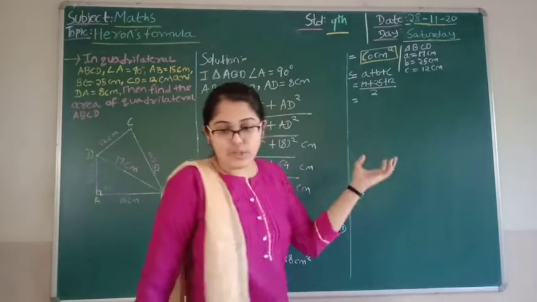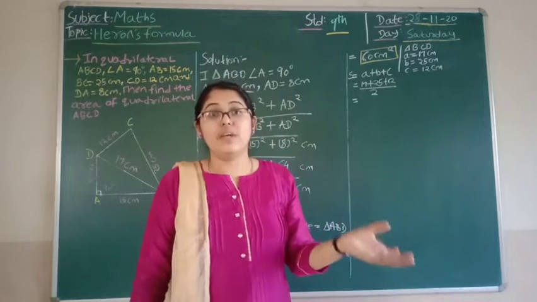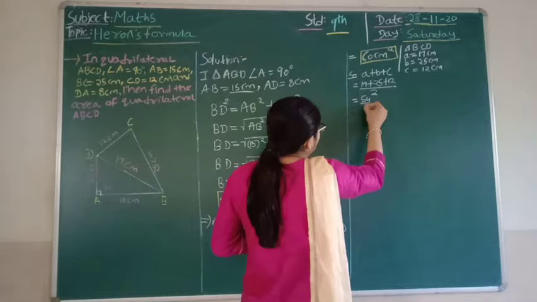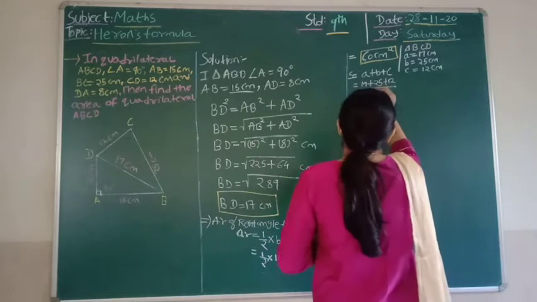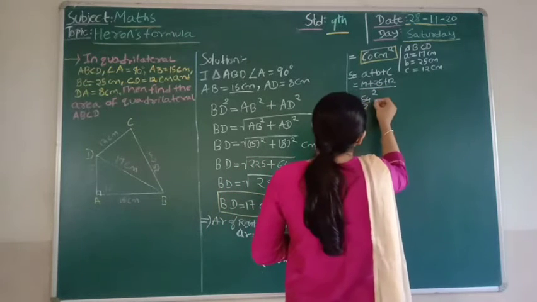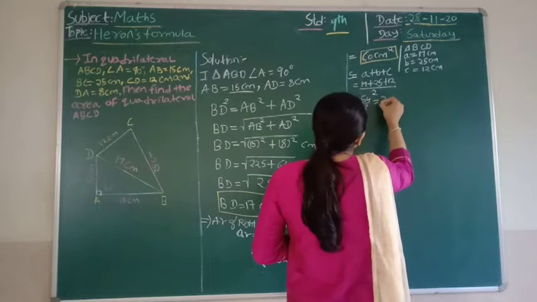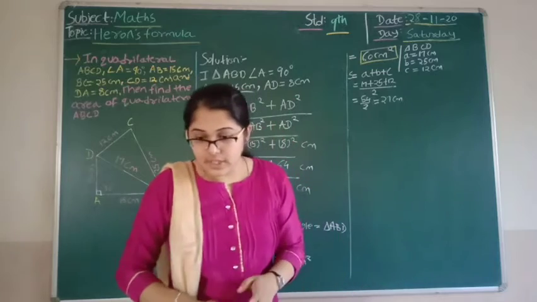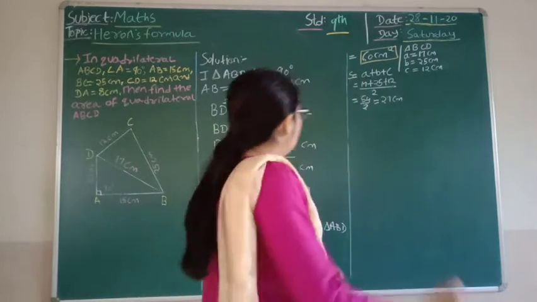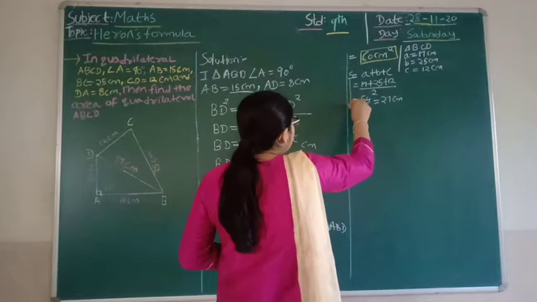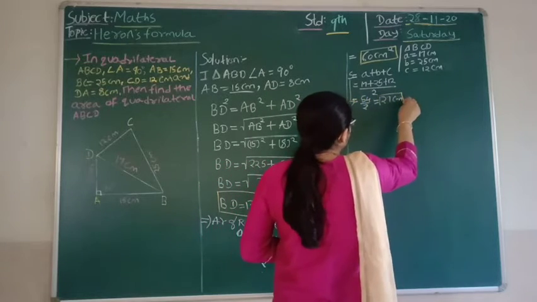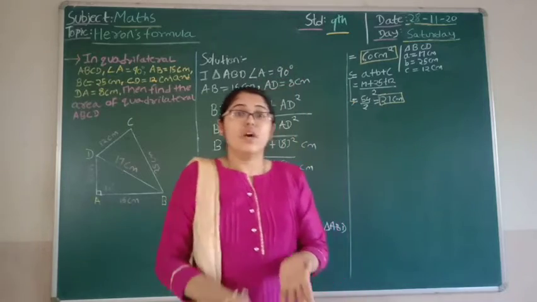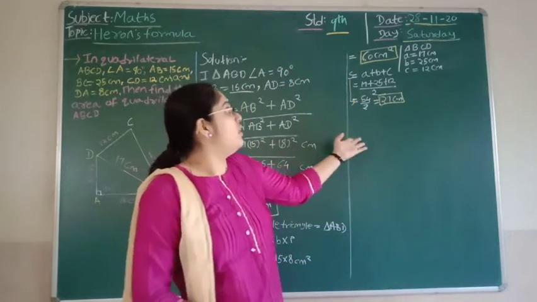If I calculate all of this, the answer will be 54 by 2, and I get the answer 27 centimeter. So the value of semi-perimeter will be 27 centimeter.